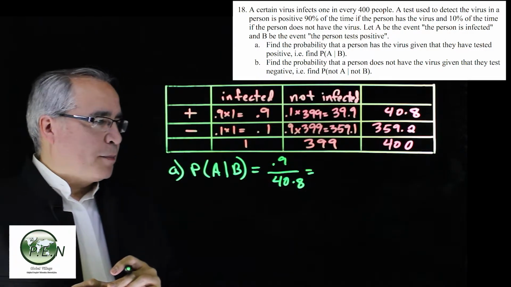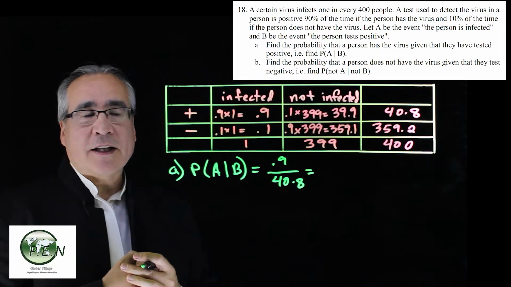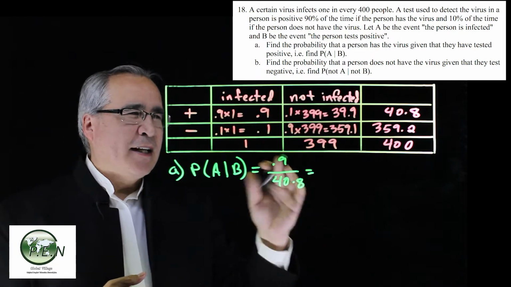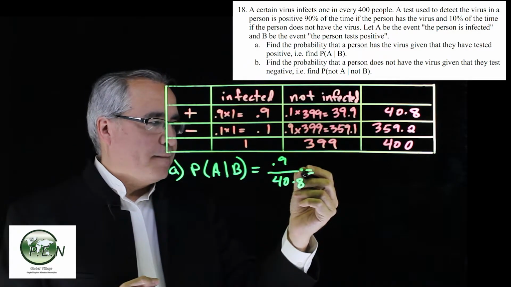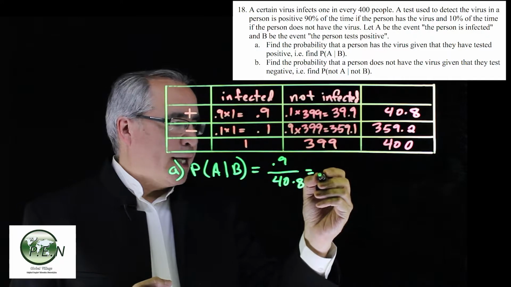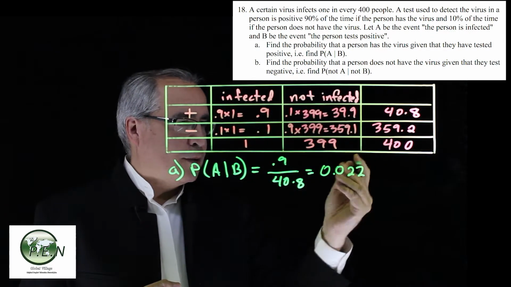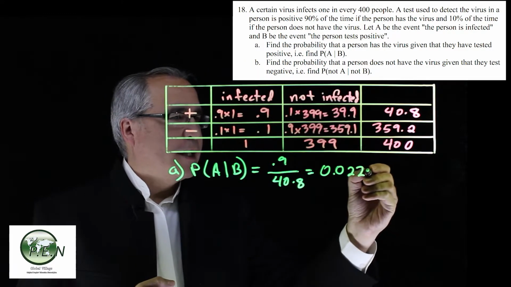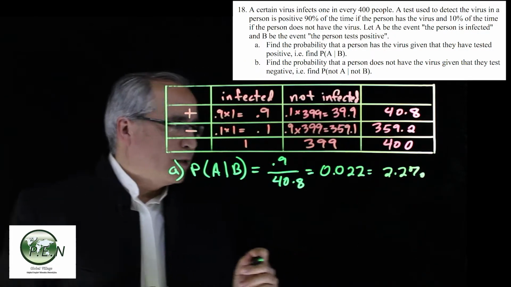So that's our probability. We're going to turn that to a decimal, because the back of the book actually has its answers as a decimal. The other way of dealing with this is with percentages, but we're going to go this way. 0.9 divided by 40.8 gives us 0.022, which is the answer you'll see in the back of the book. Turning it to a percentage is 2.2%. So what does that mean?